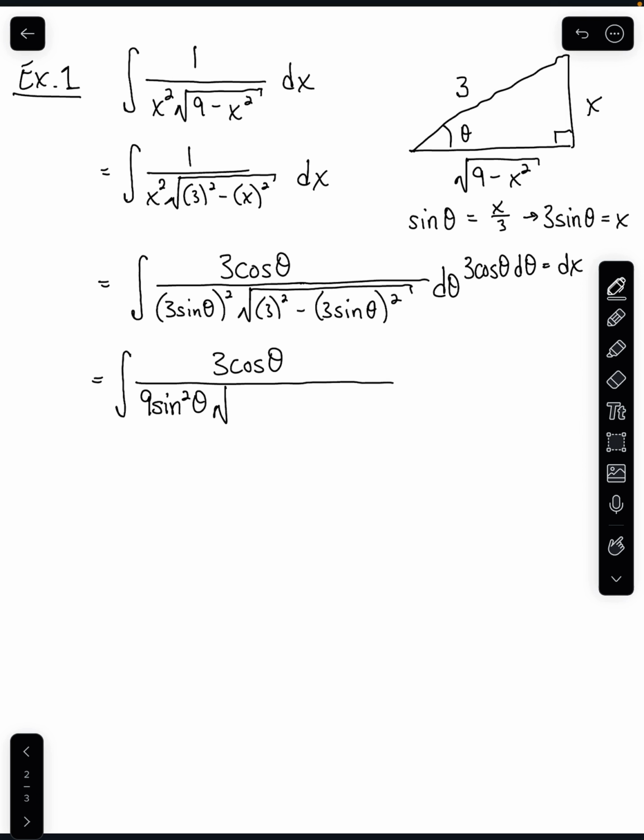But through some algebra here and a trigonometric substitution, we are able to convert this into a single term. We can start by factoring out 3 squared, which would leave us with 1 minus sine squared theta underneath the radical. And perhaps you can already see where this is going.